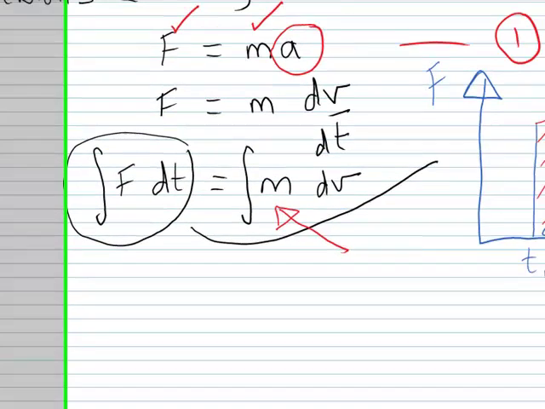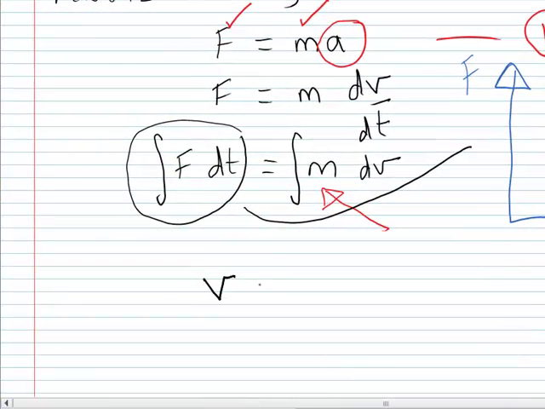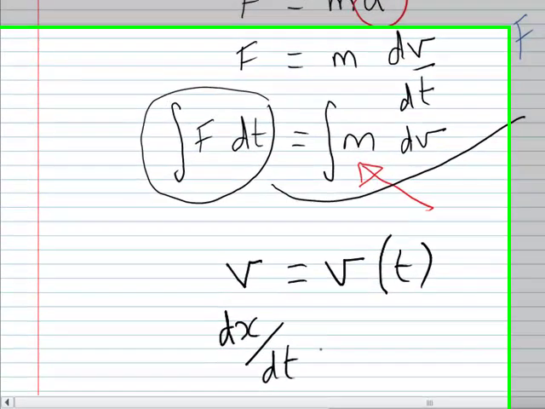So we now have a function for the velocity as a function of time, and of course velocity is simply the rate of change of displacement.